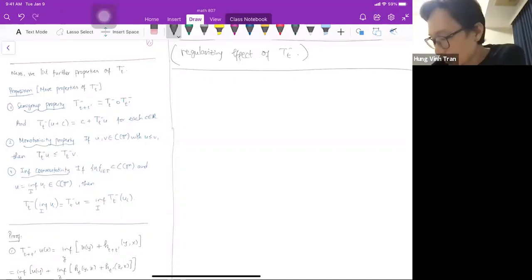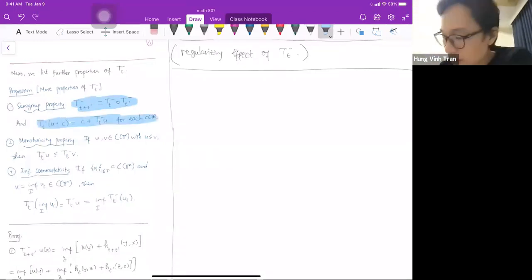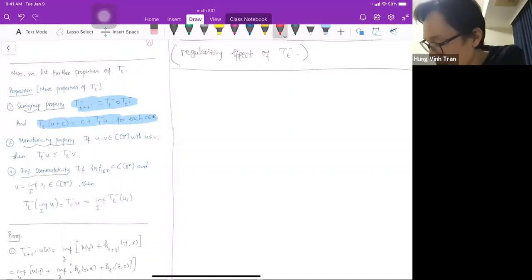Okay, so the first one I'm highlighting here, depending on the context, is the so-called semi-group property. The term that I'm highlighting here, that if you add a constant, then the constant can be pulled out. That's simple, that's obvious. But this property is called semi-group property.